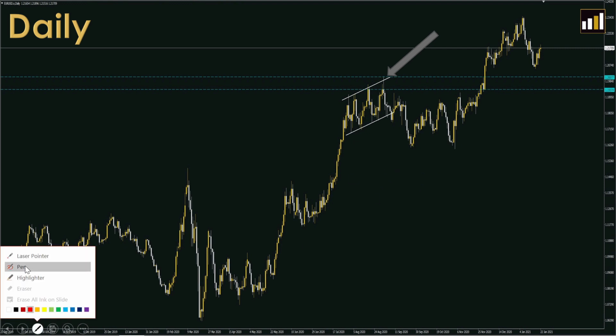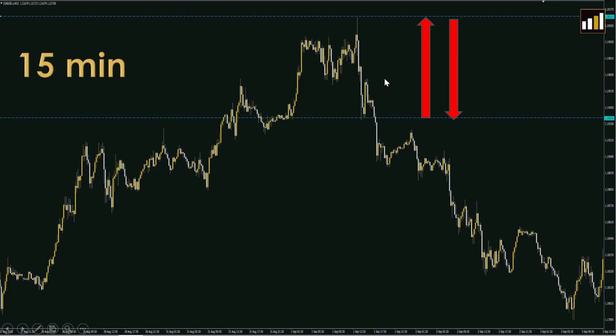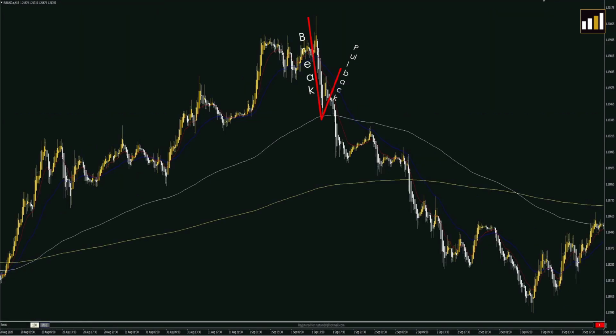You're looking for the break and the pullback in this area, as prices are hitting your extended line. You've drawn 1 and 2 extension, so this is where you are looking for your pattern. Zooming in, you're finding that on your lower time frame, on your 15-minute. So you have found your break pullback on your lower time frame.